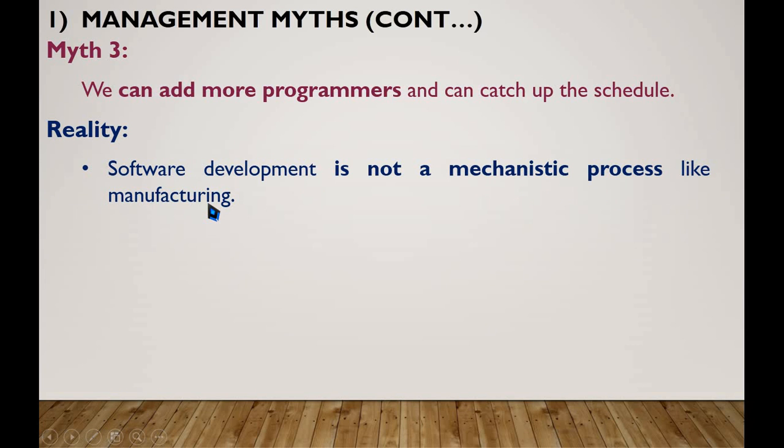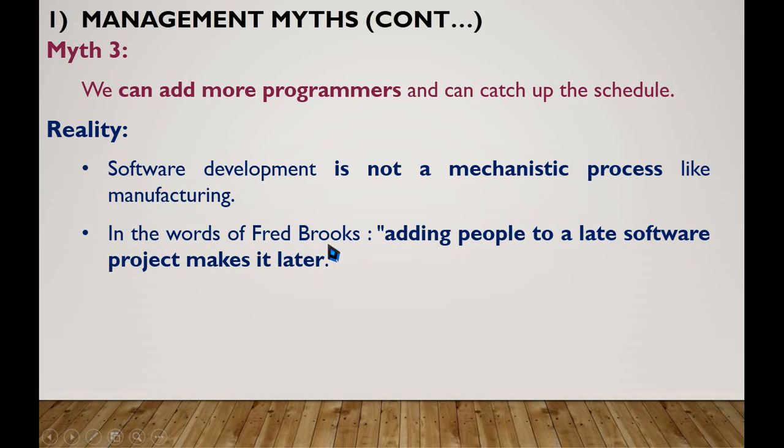If we want to dig a swimming pool in 3 days and we have only 2 laborers, then if we add 3 more laborers, we can complete the digging task earlier than expected, but that is a mechanistic process. Software engineering is not a mechanistic process, so that cannot be applied there.